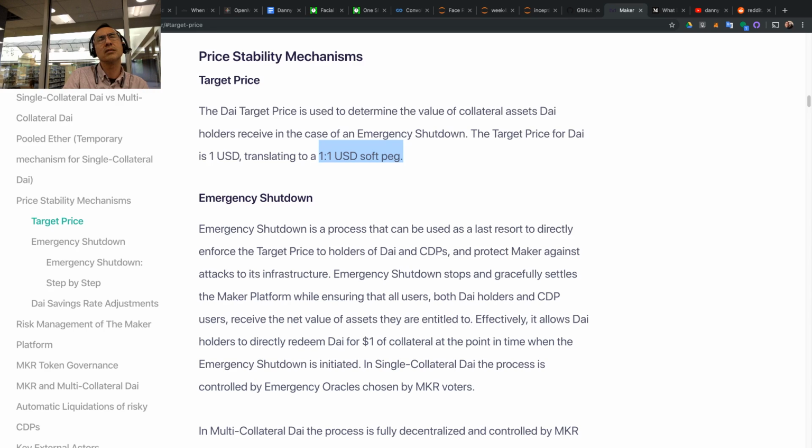So if you have one ETH, which is an equivalent of 250 US dollars, I put it in a CDP, and let's say the ratio is like 1 to 2. That means I will get about 125 US dollars of loan back worth of DAI, because remember it's trying to be soft pegged 1 to 1. So I got 125 US dollars worth of DAI.